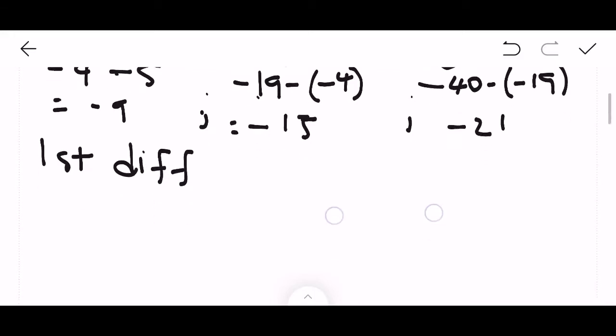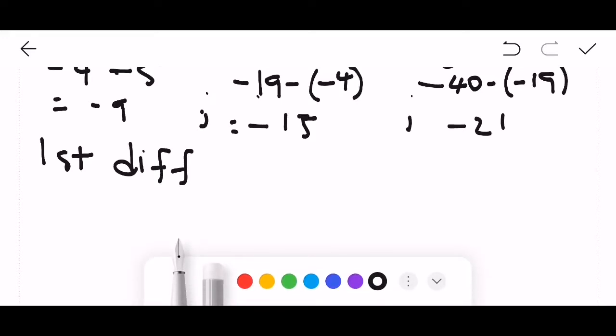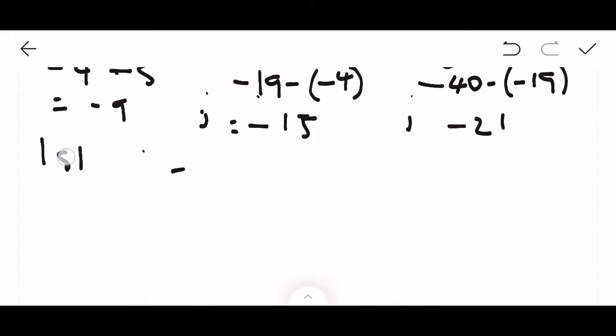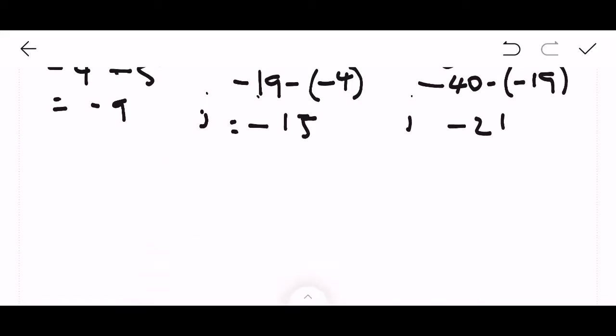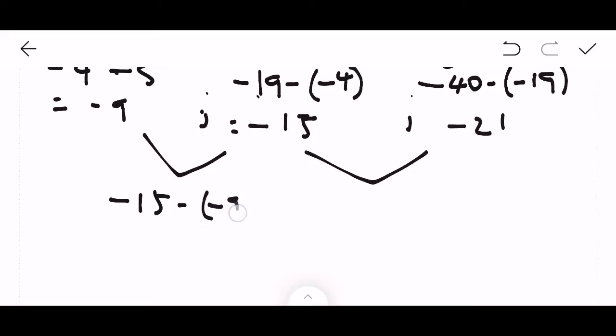Now we need to get the second difference. So we need the difference between this, and the difference between minus 15 minus into minus 9, that's minus 6.